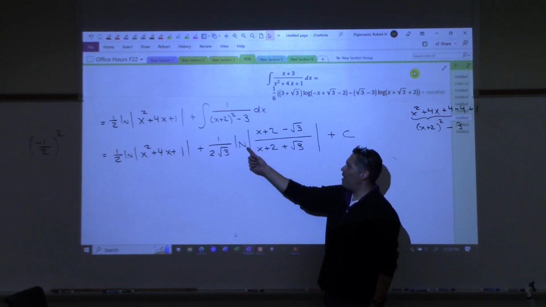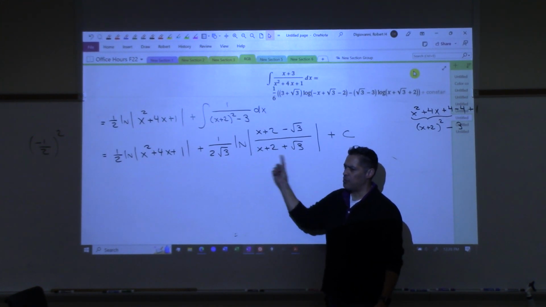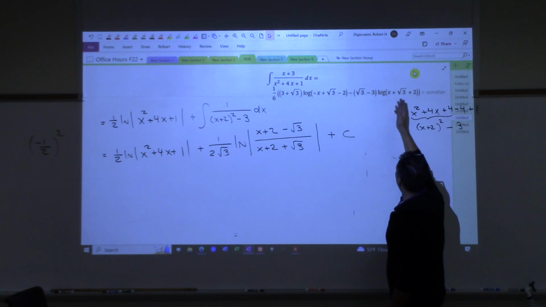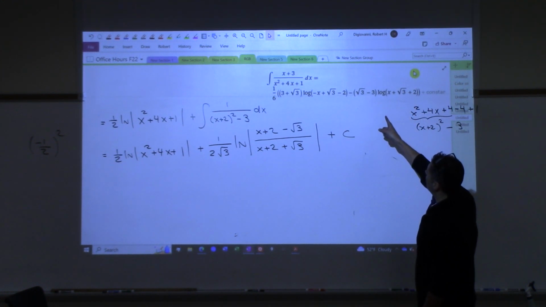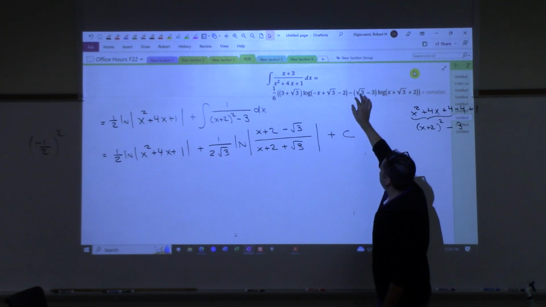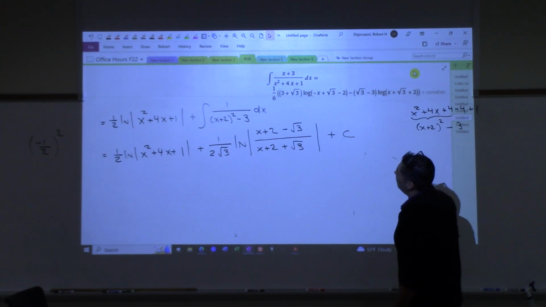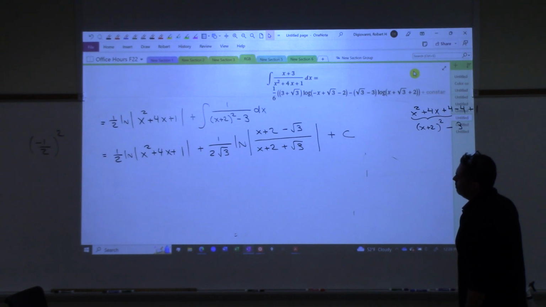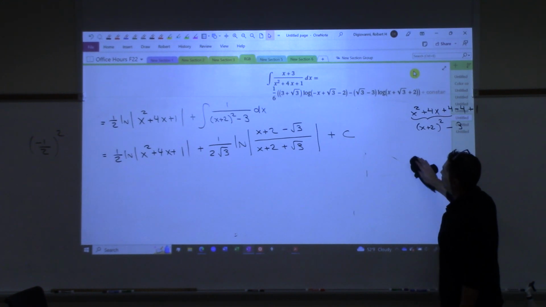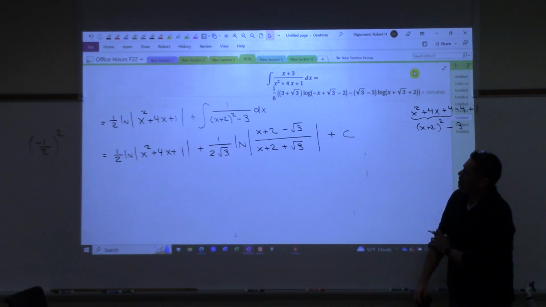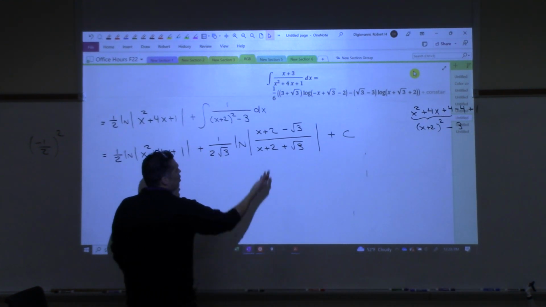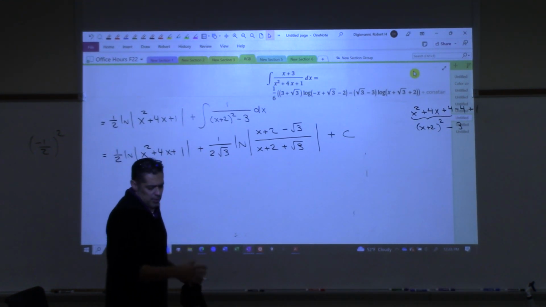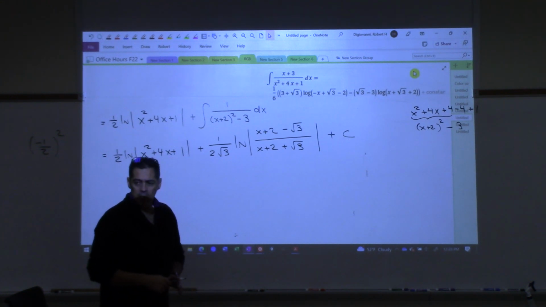So there's a way that I could turn this into two logs that are being subtracted, which is why you see subtraction in the middle, and these are just numbers. You could also do it all into one log. I don't know why the computer does it that way.